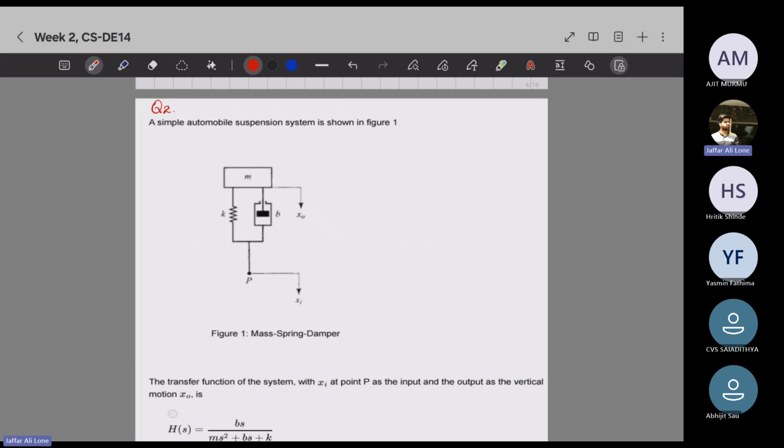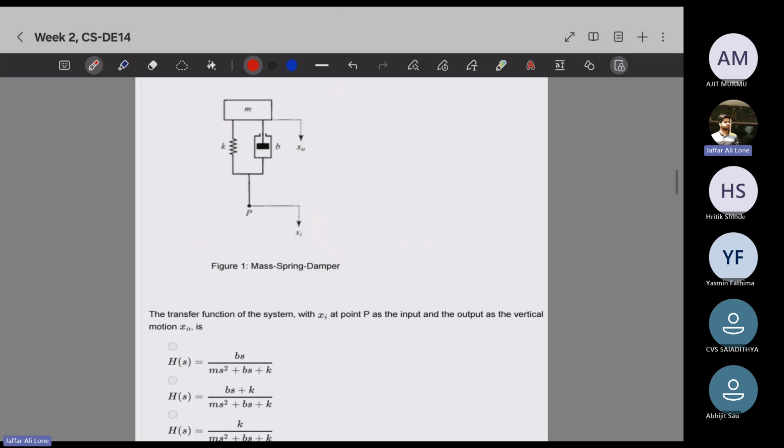Whenever you have to find the transfer function, it will be specified what you have to take as input and what you have to take as output. Everything is given. You have a spring mass damper system, and you have to find the transfer function with x1 at point P as the input and the vertical motion x naught as the output.